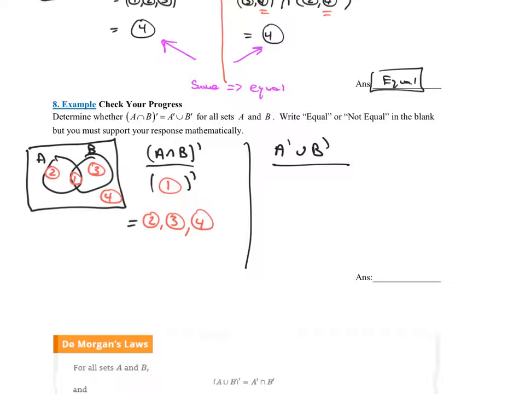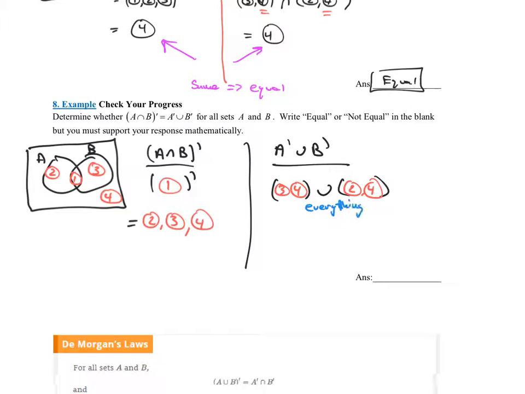Let's move on to the next one. We have A complement union B complement. Again, we already know what A complement is. It's everything not in A, which is regions 3 and 4. We know what B complement is. It's everything not in B, which was regions 2 and 4. But notice now we're doing the union instead of the intersection. The union is everything.